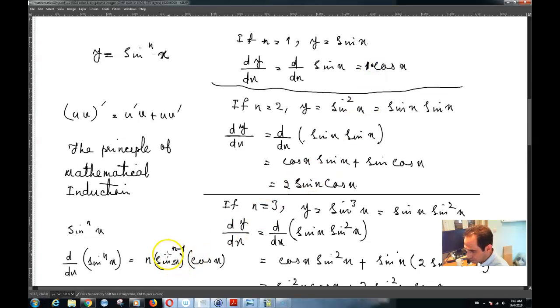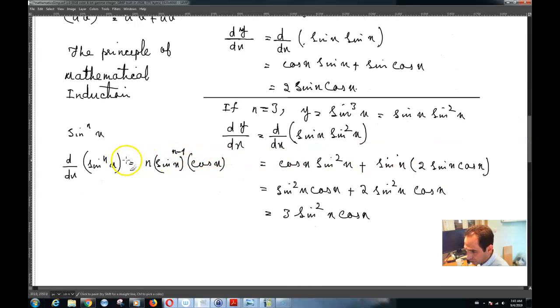And then sin x raised to the power n minus 1, which is 0, so sin x raised to the power 0 is equal to 1, and this whole thing becomes 1. And then you have cos x over here as well. So that seems to be the formula for d by dx of sin raised to the power n of x.